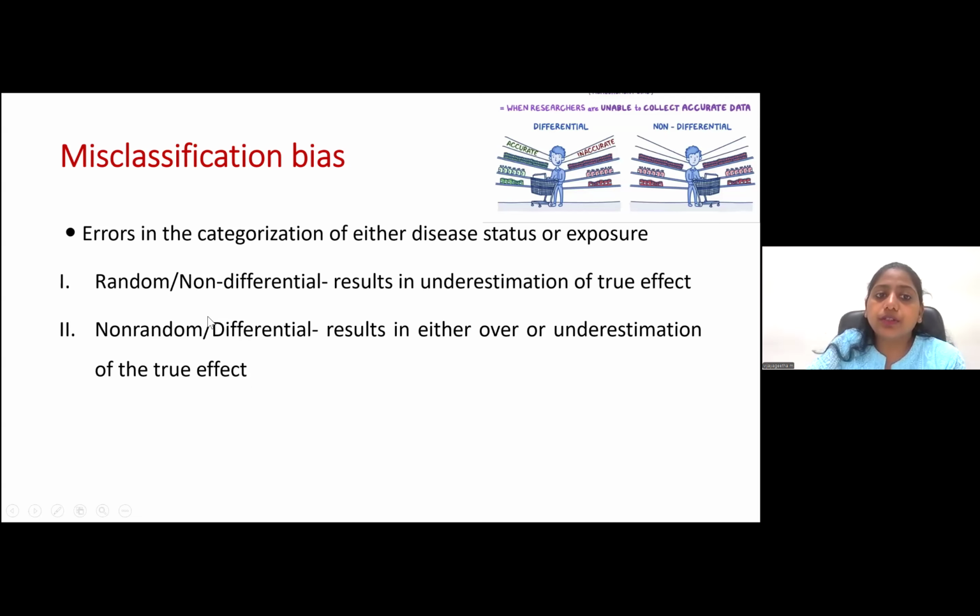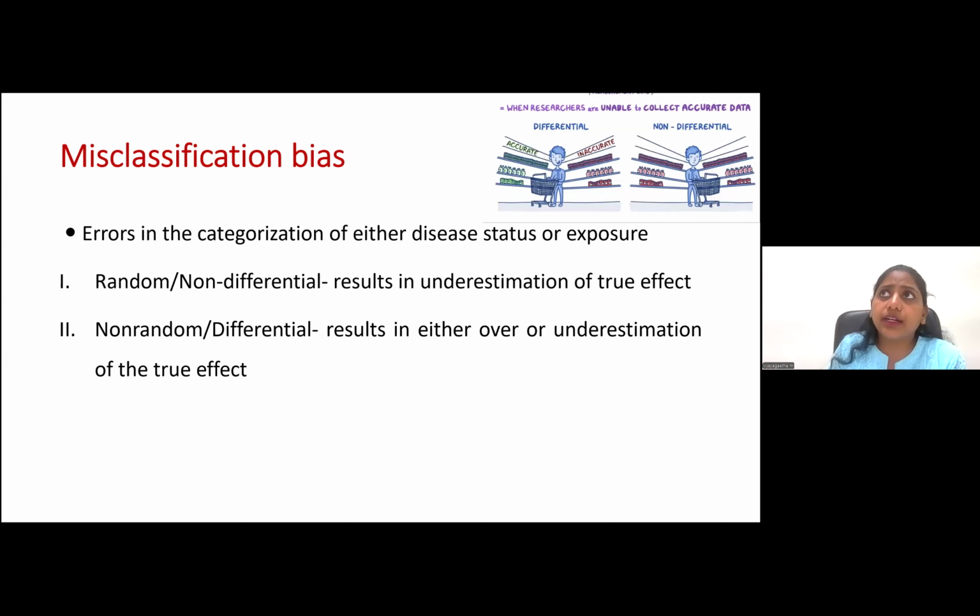And the other thing, which is random. Random means there is a field worker who asks about a specific topic, and consistently, irrespective of whether they had an outcome or did not have an outcome, asks this question the same way, but it is also going to affect the validity of our findings.